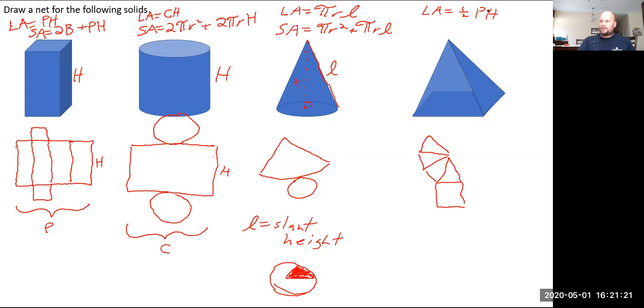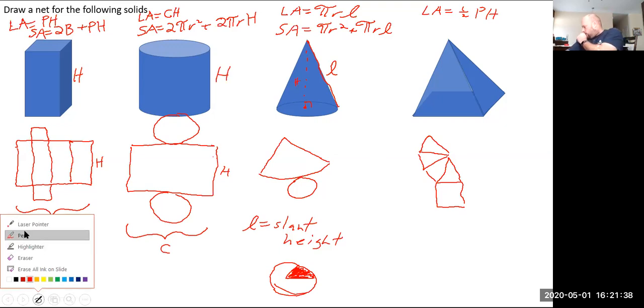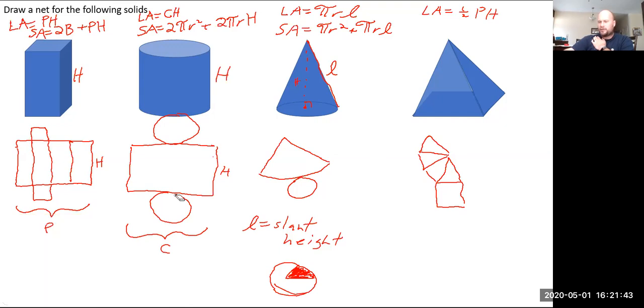ooh, I made a typo here. There is a typo, and I'll have to fix this in my class notes because I made the same typo earlier. I put 1/2 PH, that is incorrect. It's 1/2 PL. I don't think I got to an example with the pyramid, so I'll have to go back and correct that in our notes for Monday, but I did just catch that mistake just now. It should be 1/2 PL because we're talking about the slant height on this pyramid.